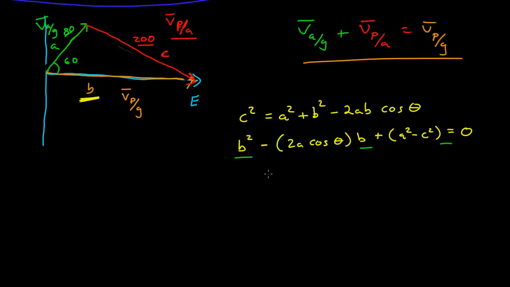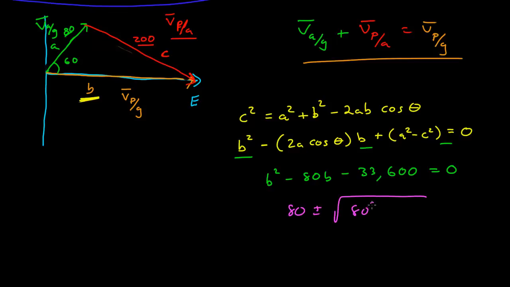If I plug in the numbers, I get B squared minus 80B minus 33,600 equals 0. That's a simple quadratic equation, and I can solve it on paper: B equals negative b plus or minus the square root of b squared minus 4ac, that's plus 4 times 33,600, all over 2.